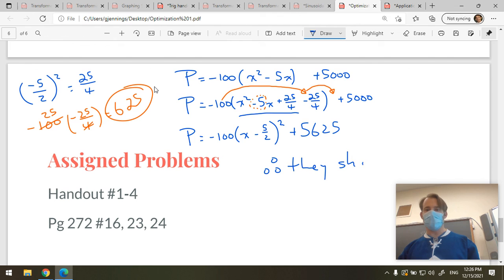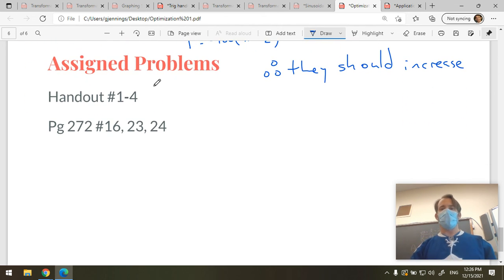They should increase the price, and you always finish with a therefore statement, right?